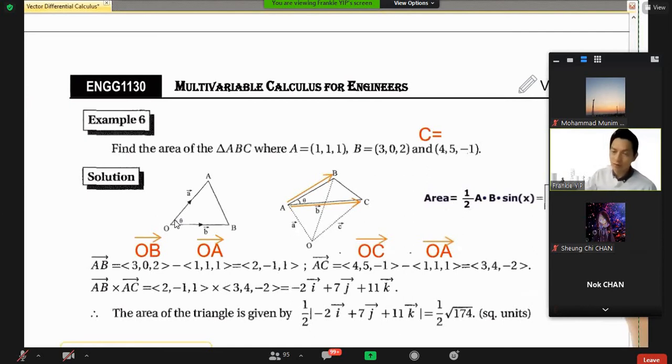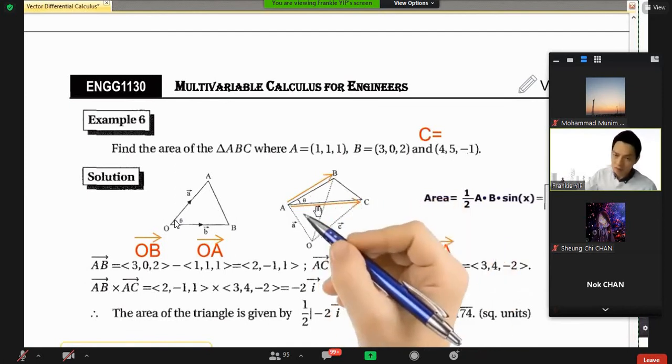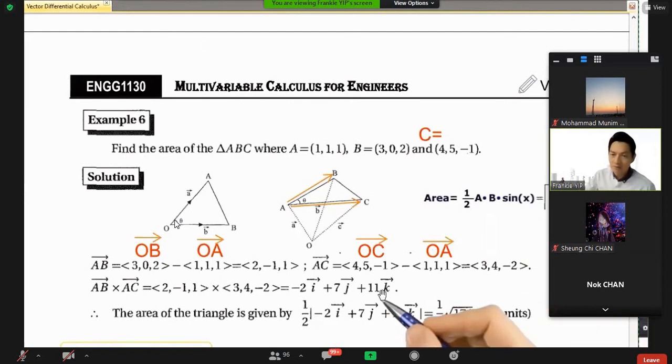To begin with, we use the cross product to multiply these two vectors first. So this is AB cross AC. When we cross them together, I don't want to do the matrix anymore, so I give you the answer here. After that, we take half the magnitude of this vector to calculate the result.